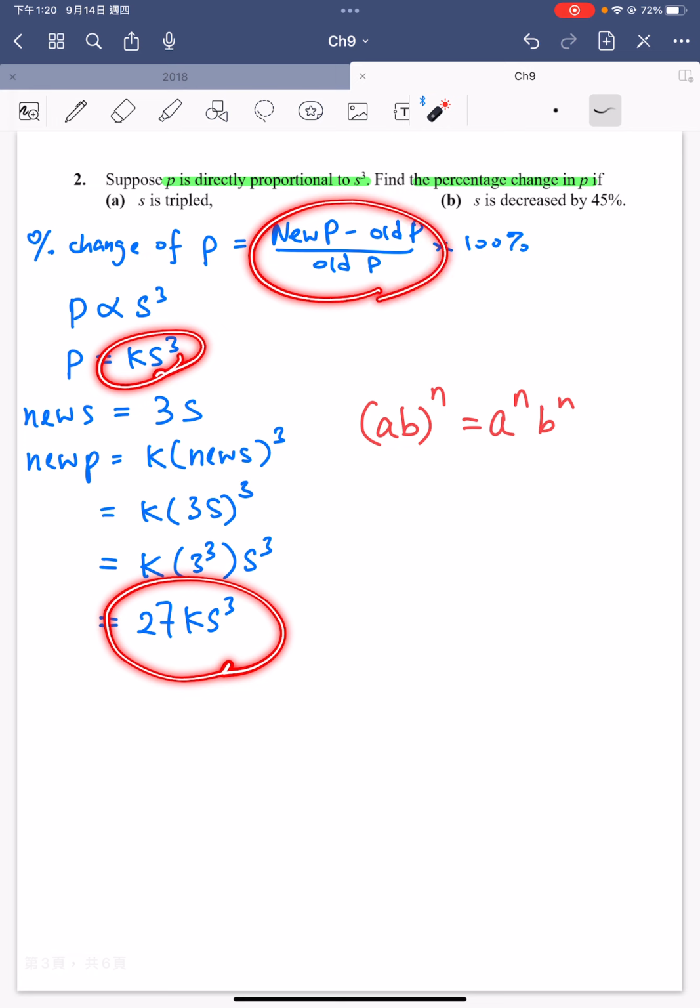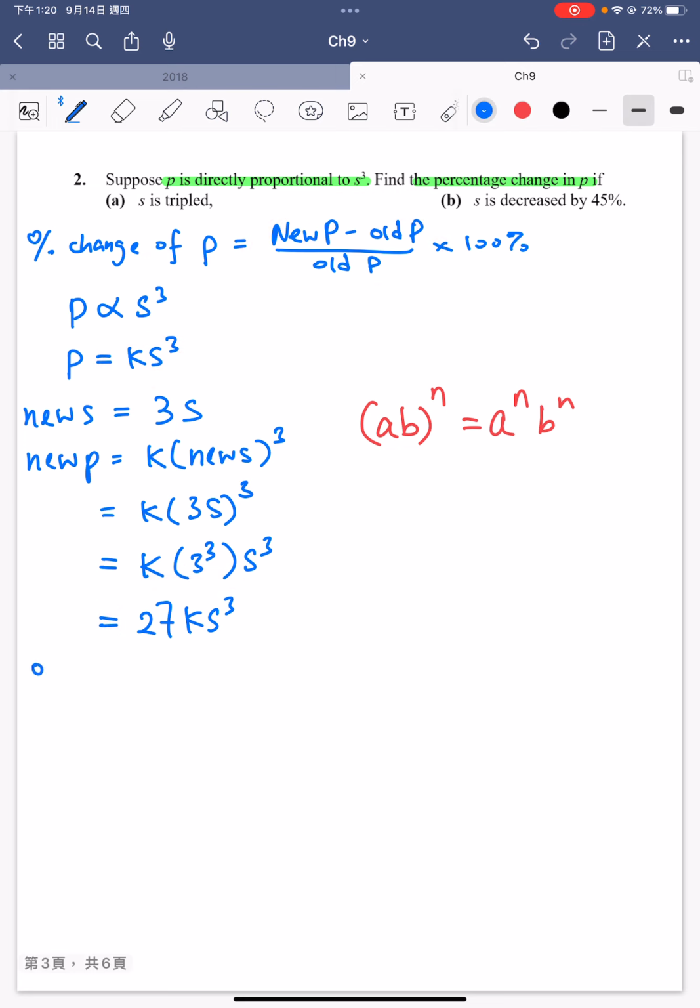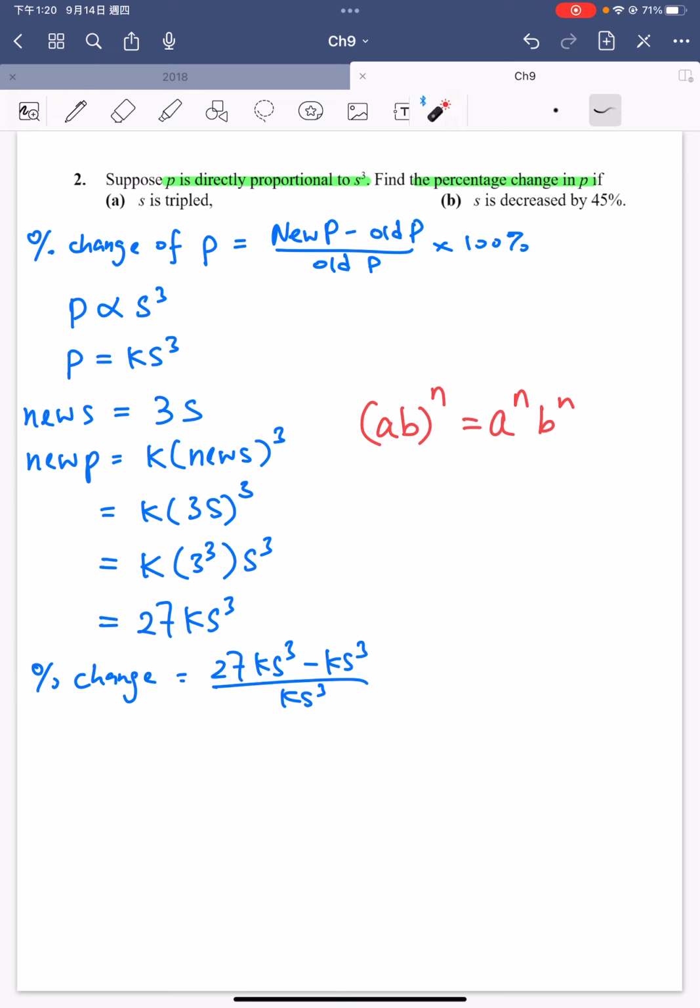Then we can use this formula to calculate the percentage change of p. So our percentage change is equal to 27 ks cubed minus ks cubed divided by ks cubed. In this formula, ks cubed is our common factor, so we can take that out. So we have ks cubed times 27 minus 1, divided by ks cubed.